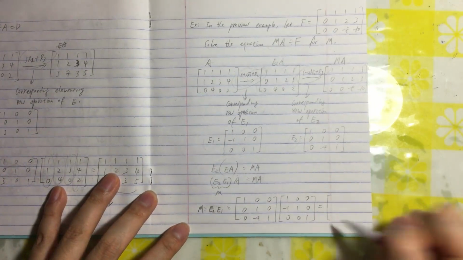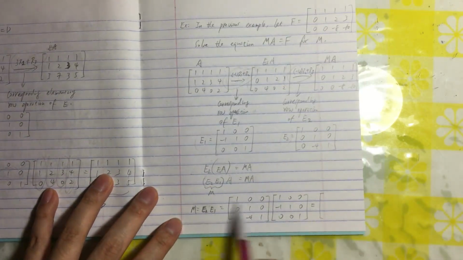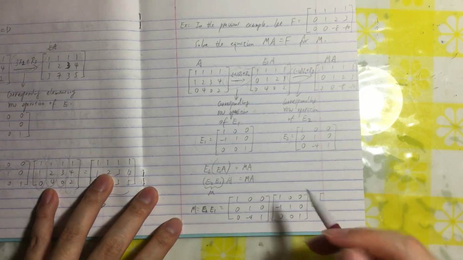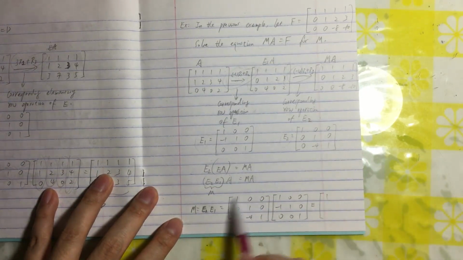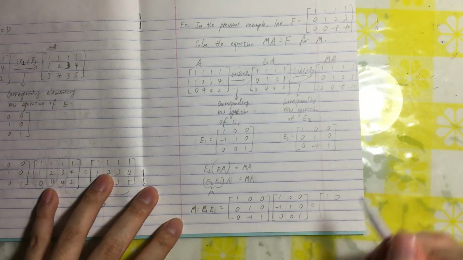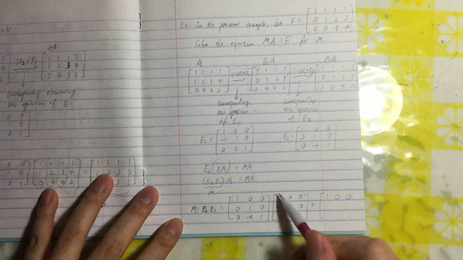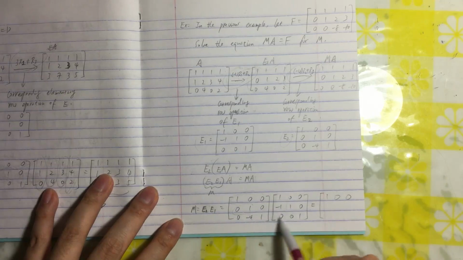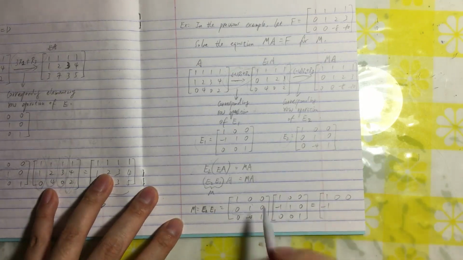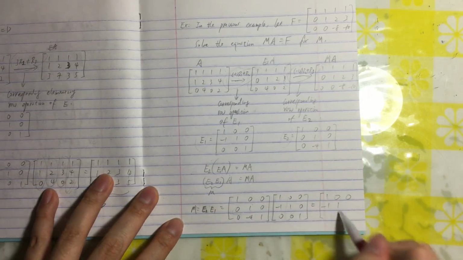Then multiply, using row times column. Row times column, I get 1 here. Row times column, I get 0. Row times column, I get 0. Row times column, I get negative 1 here. Row times column, I get 1.